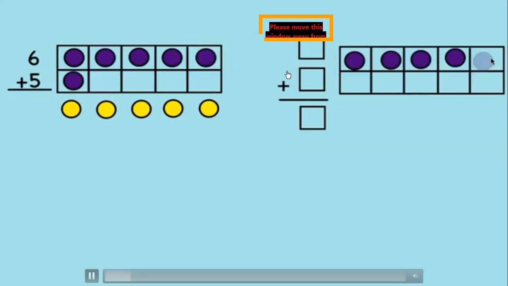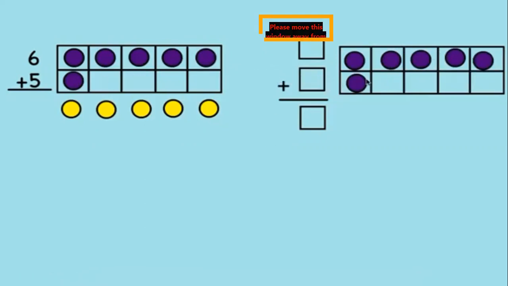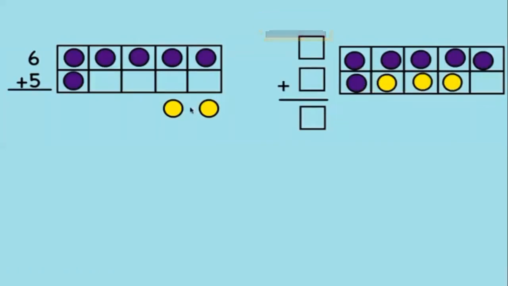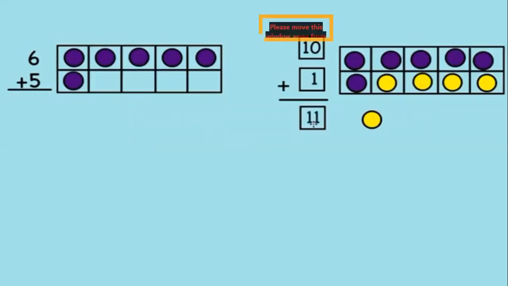And then I'm going to use my extra ones, my yellow ones that are below my 10 frame, to continue filling it in until I have 10. When I do this, I have 1 left over. So now I have 10 plus 1 left over equals 11, just like 6 plus 5 equals 11.